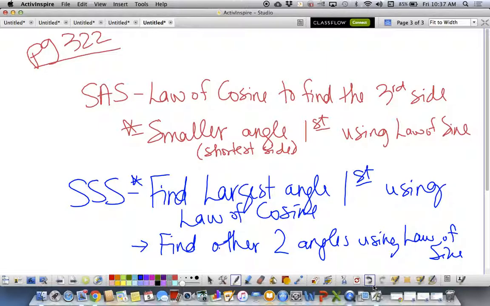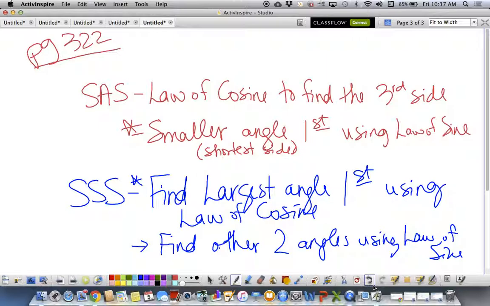Why is there an instance with finding the small angle? Because you have sine. Remember we found the supplement and the complement? The original angle and its supplement have the same decimal number.